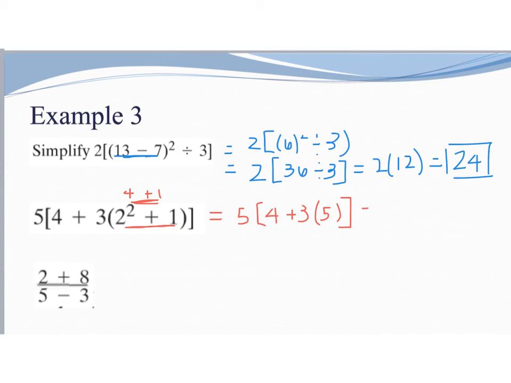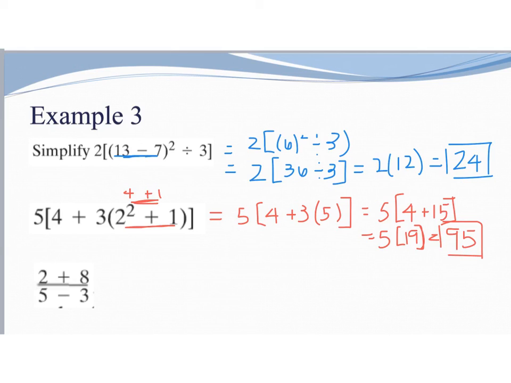So when I simplify this, I have 5 times 4 plus 15, which is really going to give me 5 times 19. And 5 times 19 is going to give me 95.